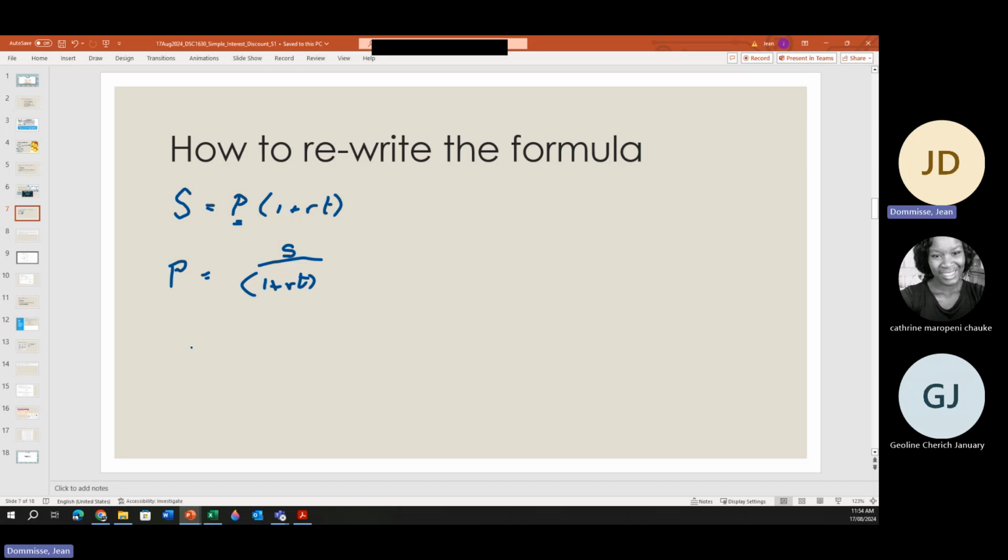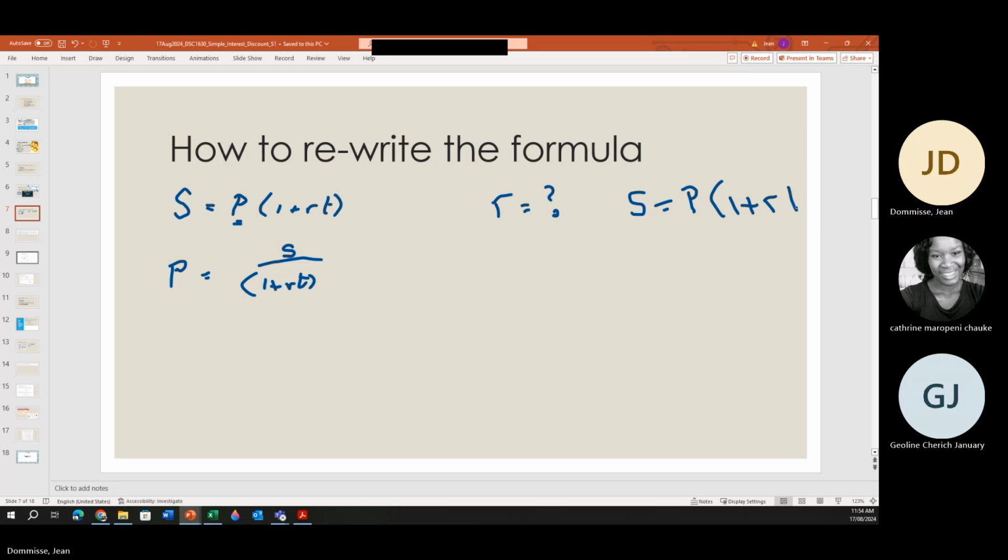The other one is if they ask us to make R the subject or the object of the formula. Okay, so then you see we need to do a few other steps. So let's just rewrite this, and then I'll show you how.